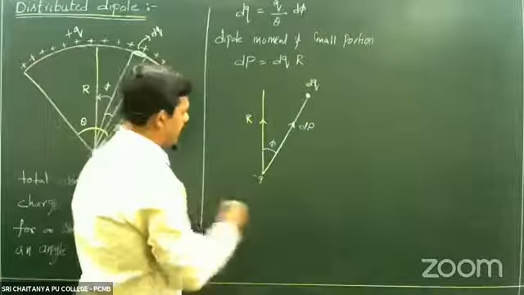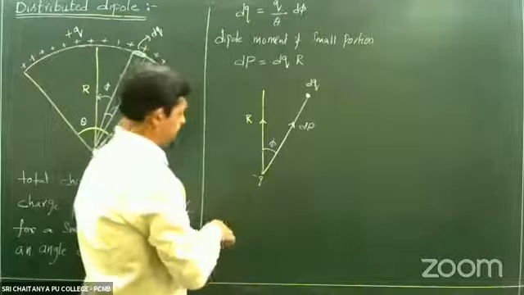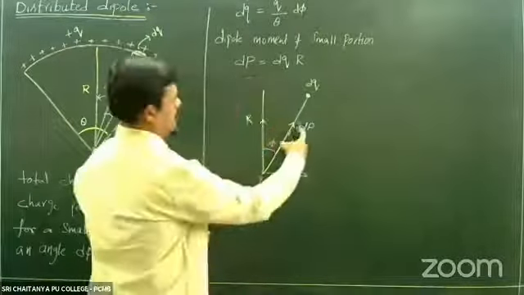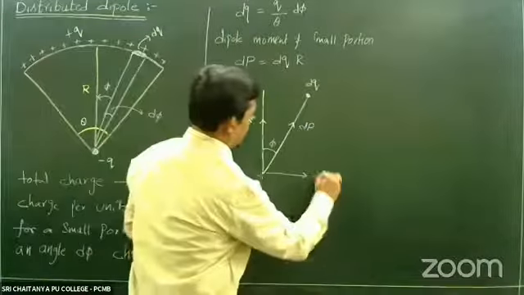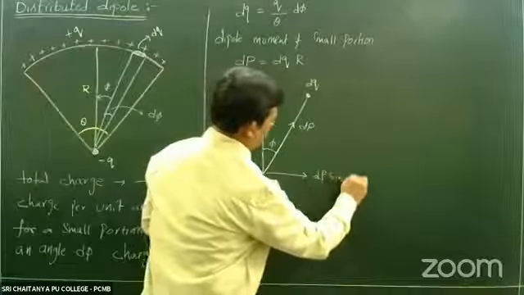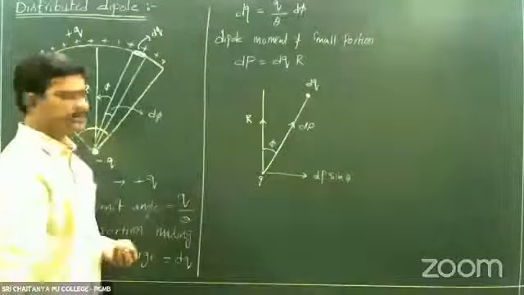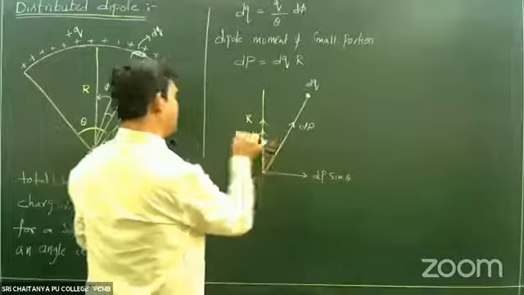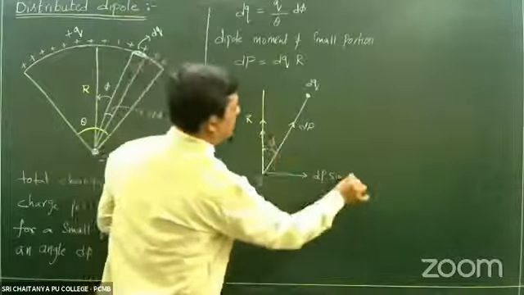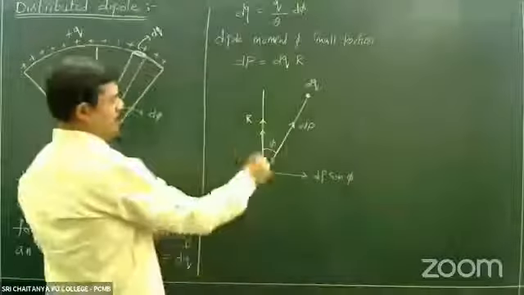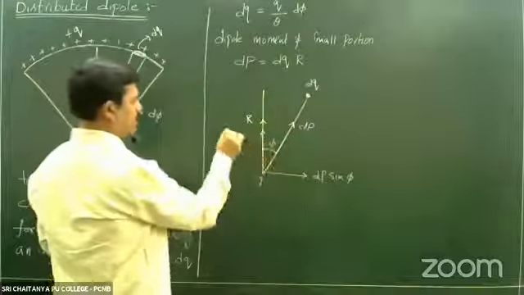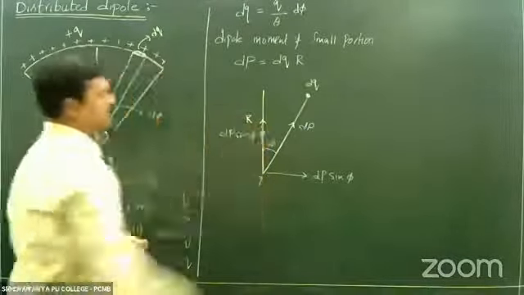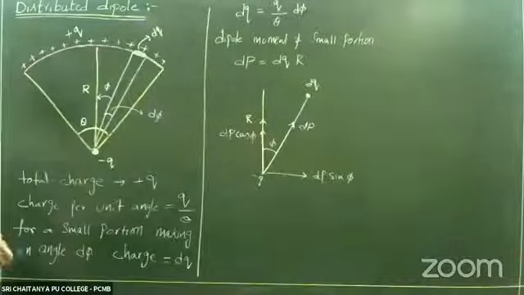One component comes like this, dp sin phi. Another component comes along this, dp cos phi.